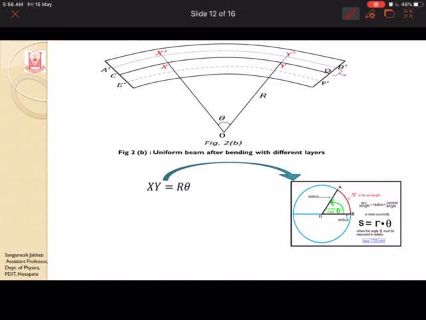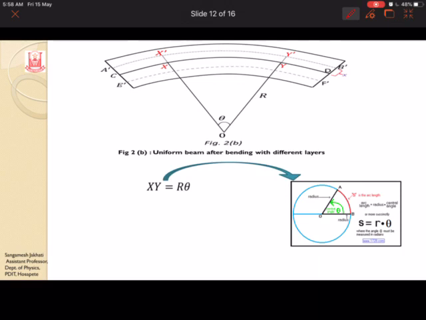And OX, OY is similar to OA, OB. OX or OY both are representing a radius.